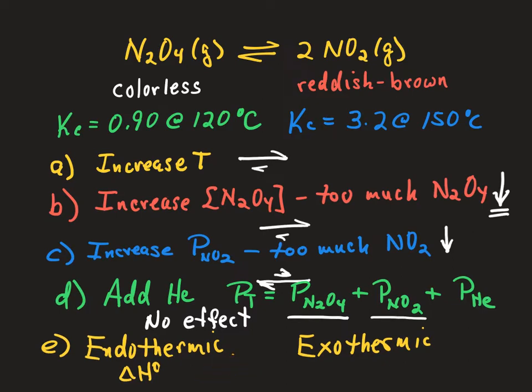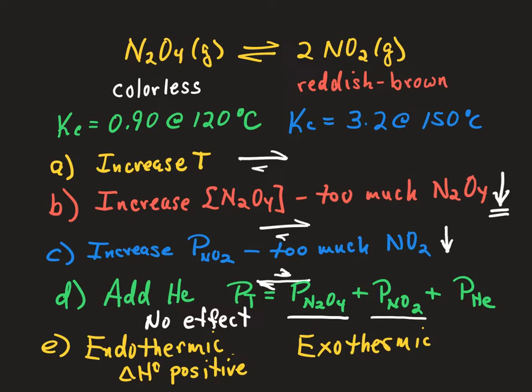Endothermic absorbs heat, so delta H0 is positive. Let's get this straight. Sometimes we speak faster than we think. So there's more heat stored in the 2 moles of nitrogen dioxide than there was in the 1 mole of dinitrogen tetroxide.